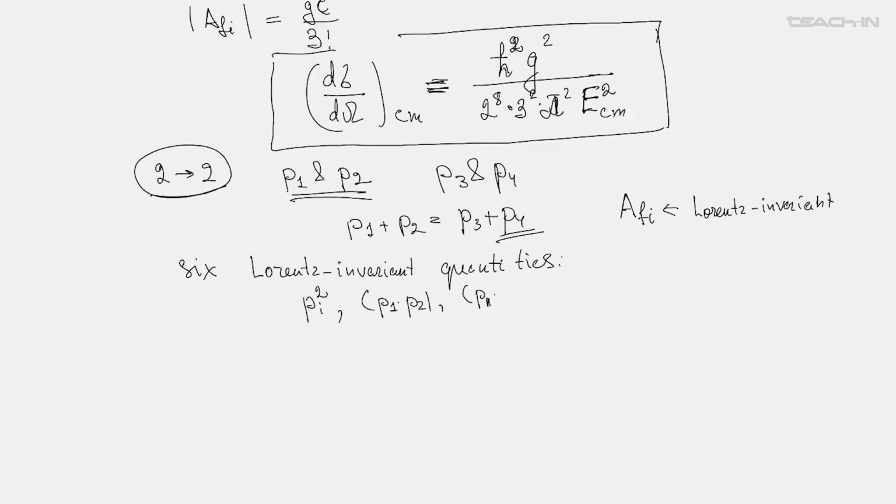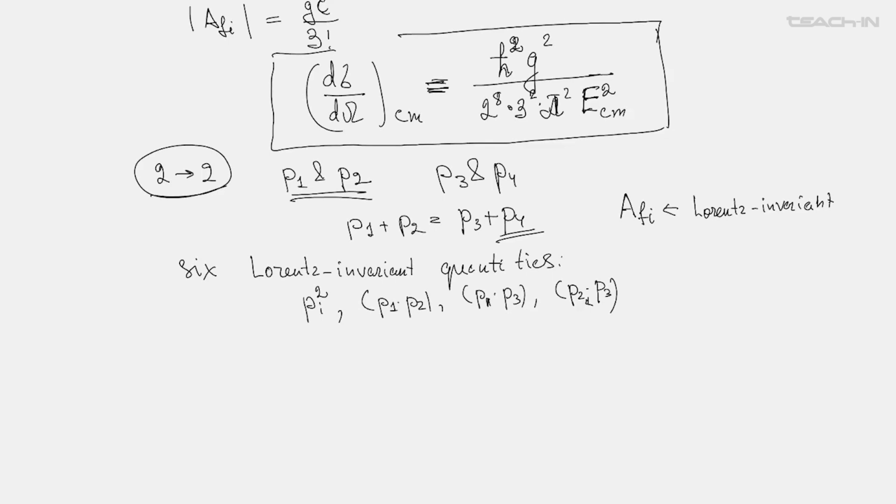So 6 Lorentz invariant quantities. On the other hand, the squares of momenta, so p1 squared, p2 squared, p3 squared, are equal to the corresponding masses squared.